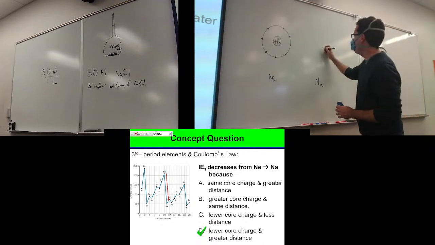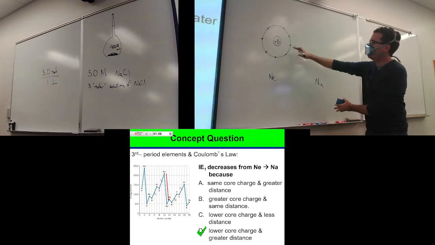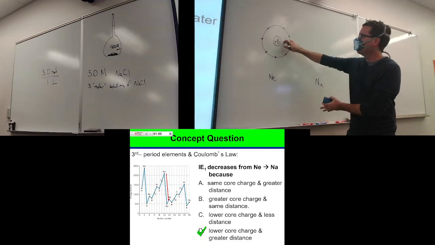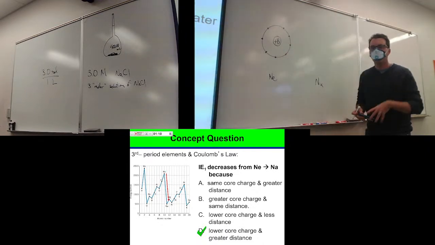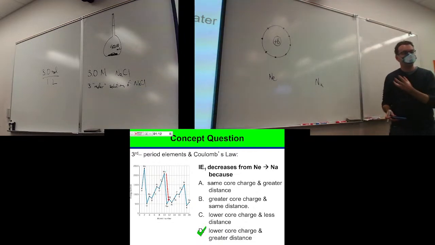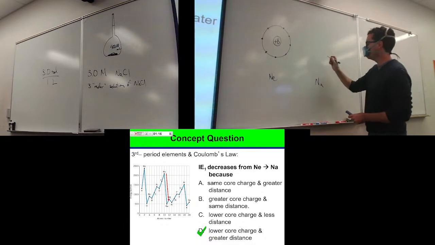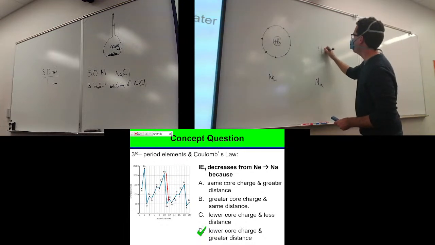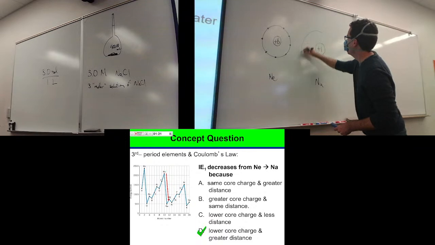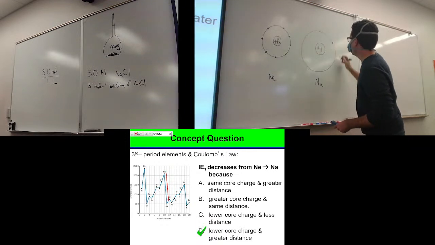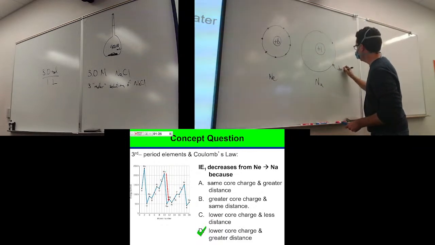And that's pretty much it. So if I'm doing the core charge model for neon, it's got a +8 core and 8 electrons. Don't forget the shortcut for core charge. It's the same as the number of valence electrons. Sodium has 1 valence electron, and so it's going to have a +1 core charge. But that valence electron is in shell 3, right? This is shell 3.